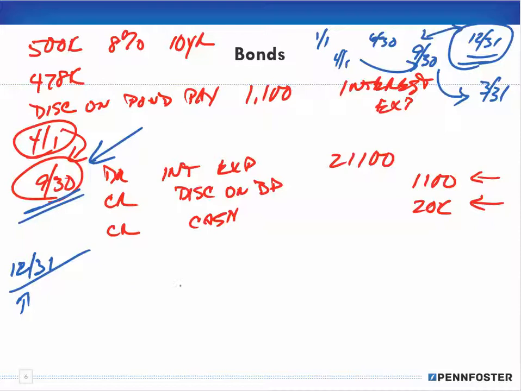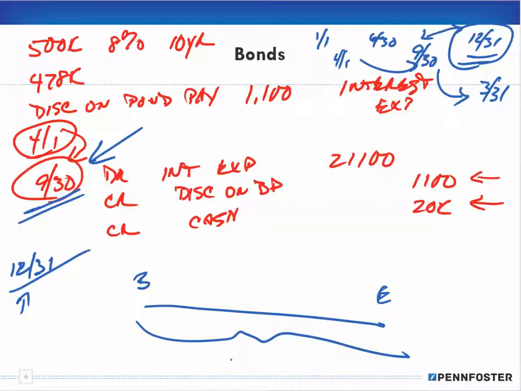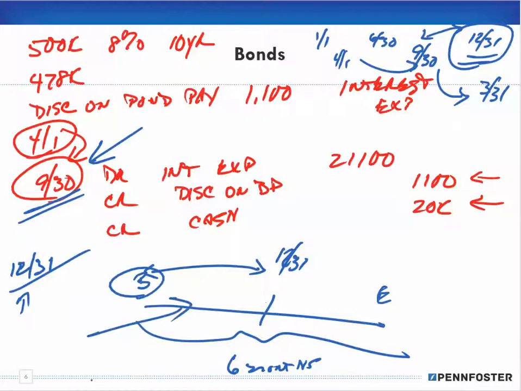So what you need to do is figure out, using a timeline, here's the beginning, and let's call it end. This here being whatever period that is, in this case 6 months, and this is 12/31. You're going to have to figure out how much interest is between whatever payment date was last made all the way up to 12/31, because you have to make an adjusting entry for that amount on December 31st.